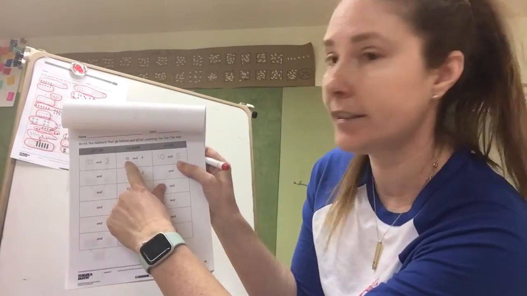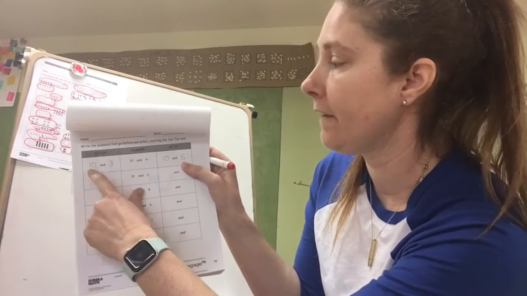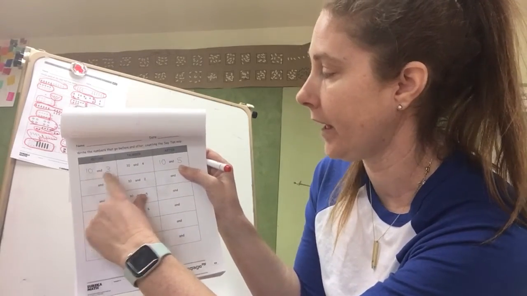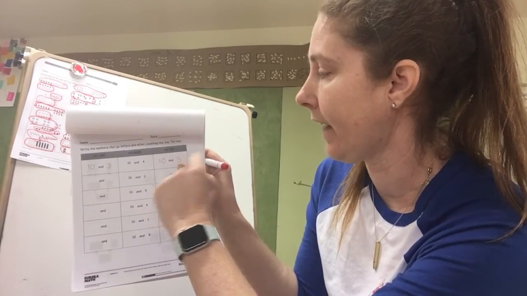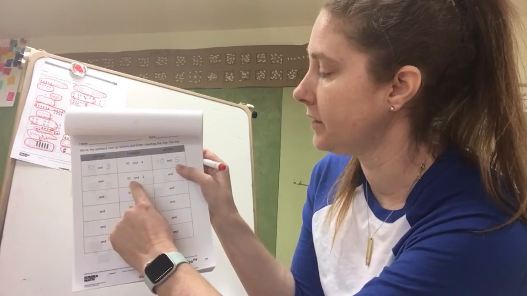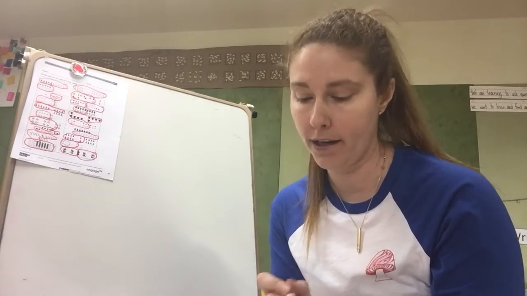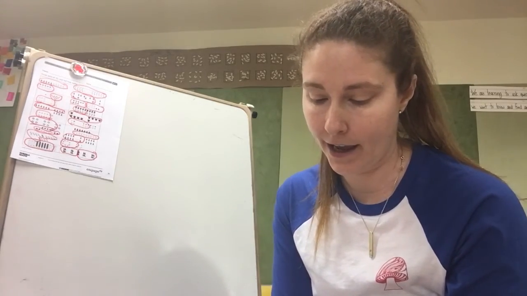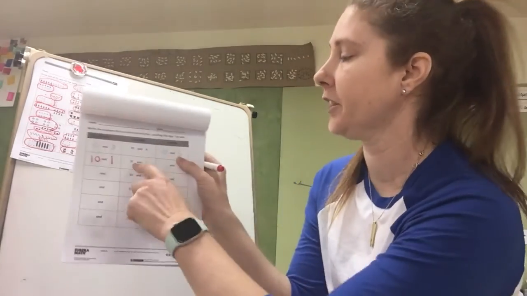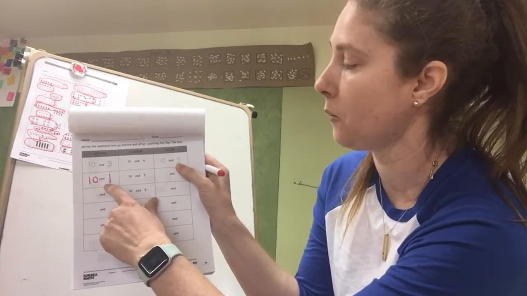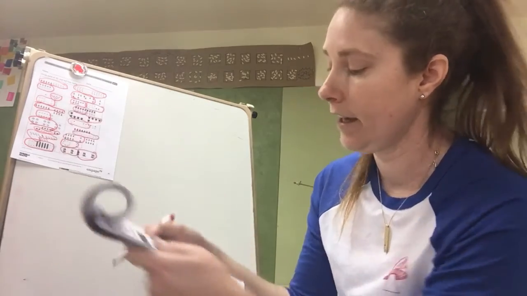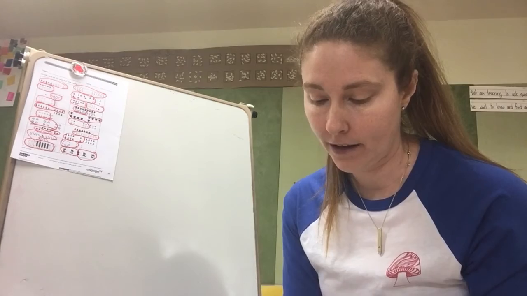So the first one is 10 and 4. Before that is 10 and 3. After that is 10 and 5. The next one, 10 and 2. What comes before 10 and 2 is 10 and 1. And then what comes after is 10 and 3.